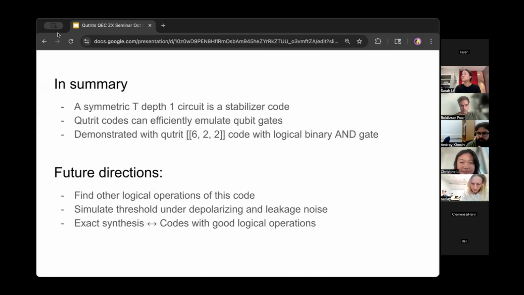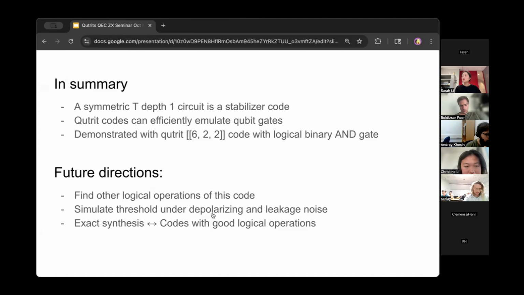If I can just give a quick comment on the concatenation. Because this is a distance 2 code, we wouldn't concatenate it naively with itself. But because the transversal physical operations happen to be T and T dagger gates, the simulation we had in mind was to concatenate codes that have transversal qutrit T gates.